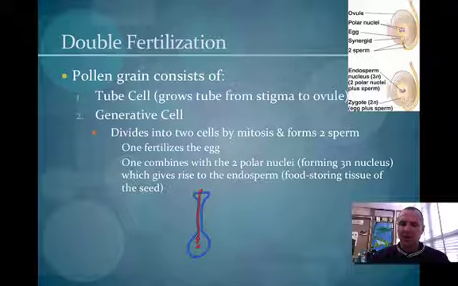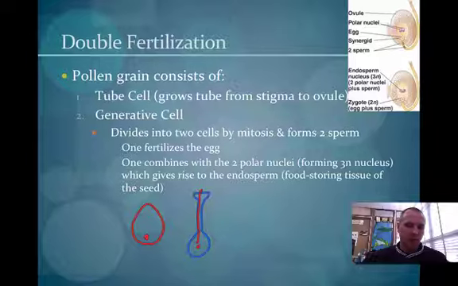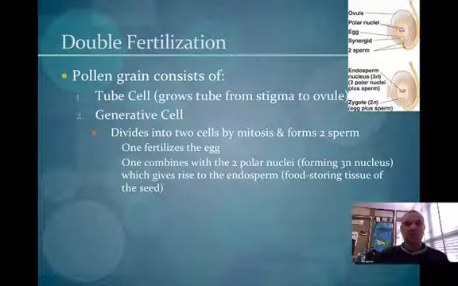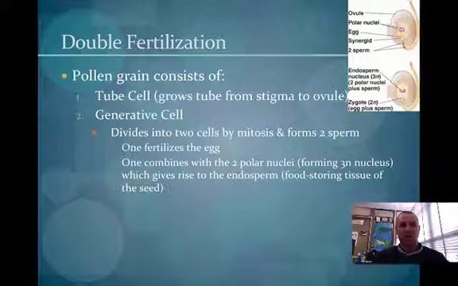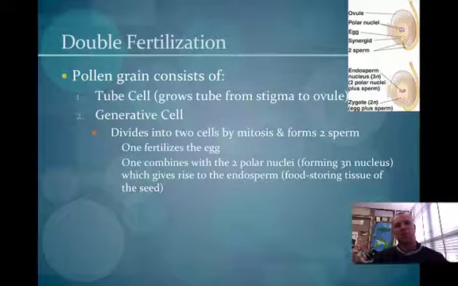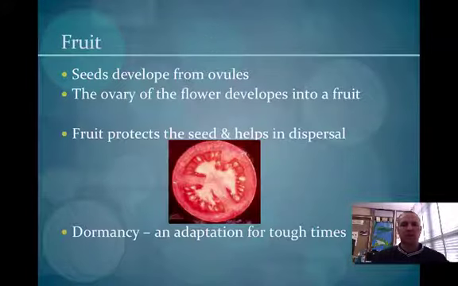So if you think about a seed, you're going to have an embryo in here, and the rest of the seed is going to be the endosperm. This is called double fertilization because you have not only the fertilization of the egg, but you also have the 2 polar nuclei combined with this sperm to make a triploid endosperm that creates food storage later on in the seed.